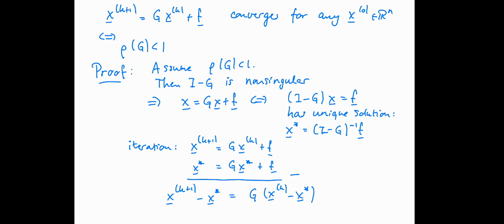So let me write that down. This is something like, let's call it the error in step k plus 1 is the G matrix times, and this is precisely the error in step k.